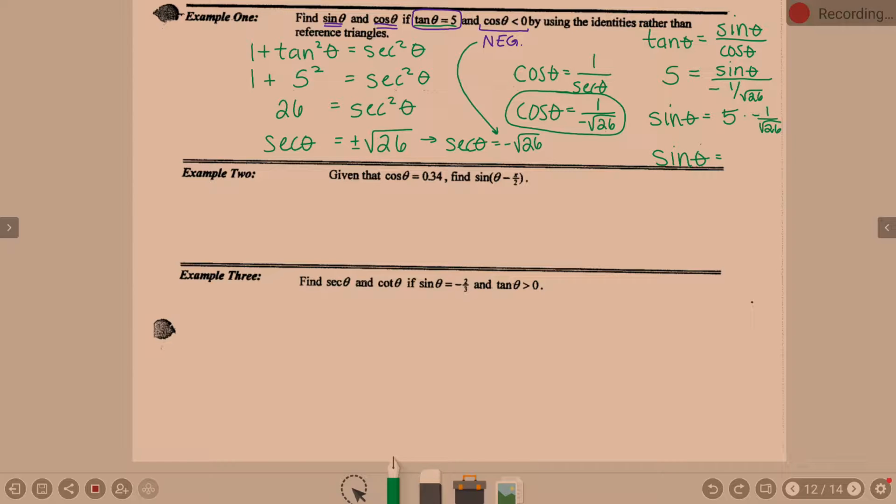What is 5 times negative 1 over square root of 26? Negative 5 over square root of 26, because 5 as a fraction is 5 over 1. So 5 times negative 1, so negative 5 over square root of 26.